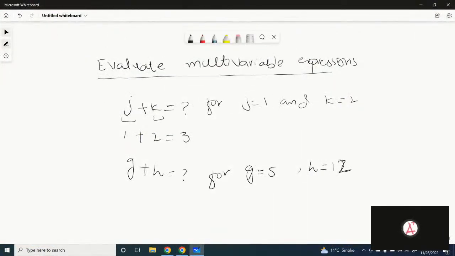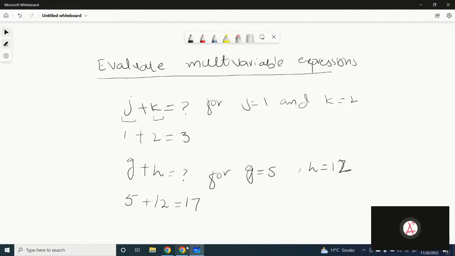Got it? So just replace the variables with the values. G is 5, so replace the g with 5, and h equals 12, so replace the h with 12. So it would be 12 plus 5 equals 17. Got it? When you add them, the answer equals 17. Got it?